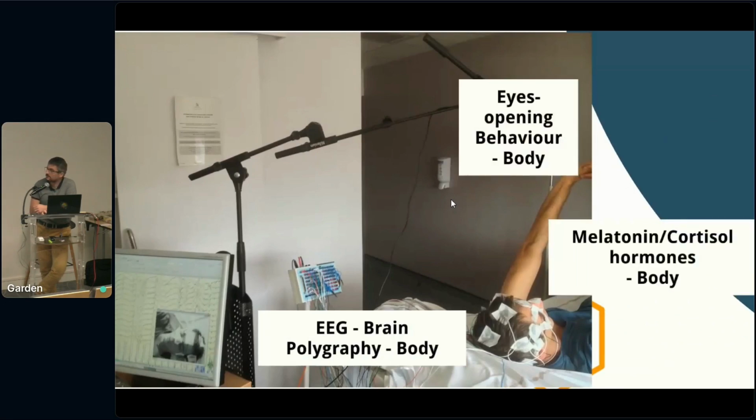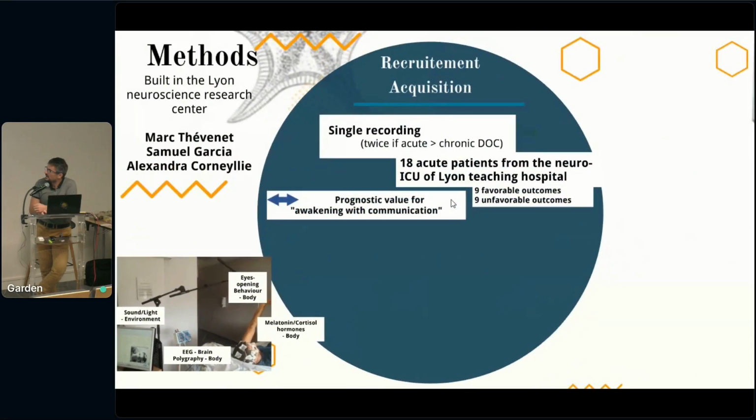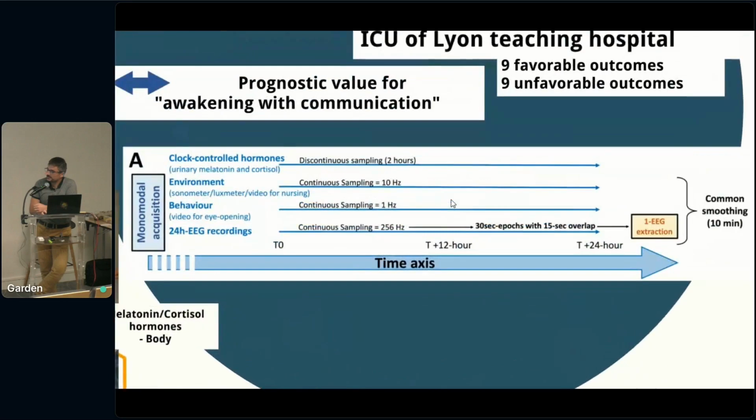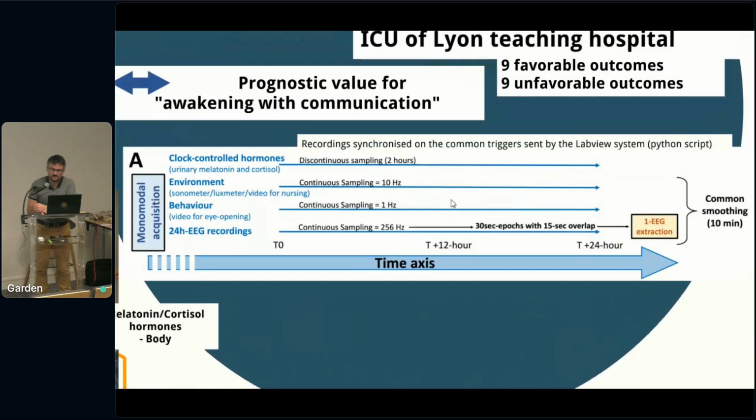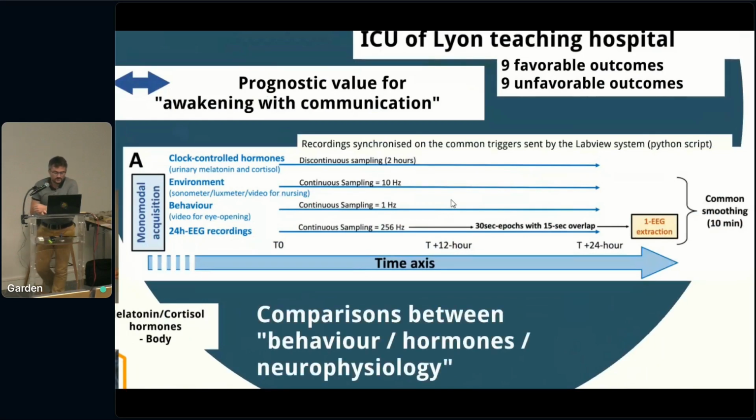We also have, for patients, not for this healthy subject, the melatonin and cortisol hormones to see the consequence of the circadian rhythms on the body. And for the environment, which we cannot see here, we have a lux meter and a sonometer to know what happened in the ICU room. So all of that was strictly synchronized using common triggers sent by a LabVIEW system and then extracted with a Python script to compare all of these assessments of behavior, hormones, and neurophysiology.